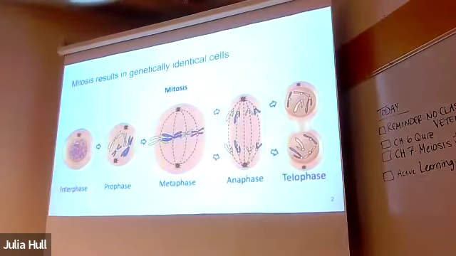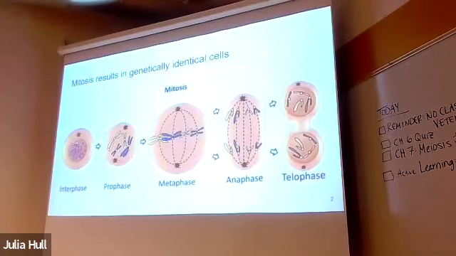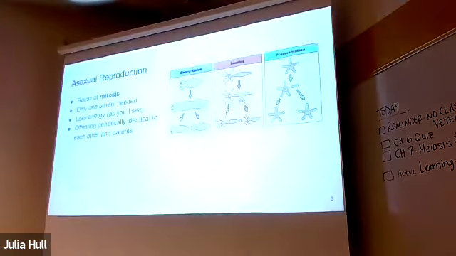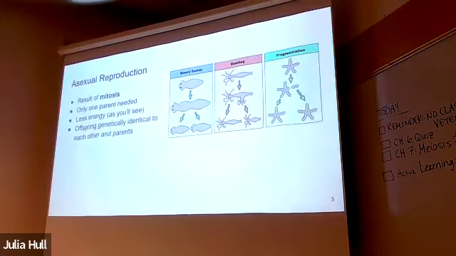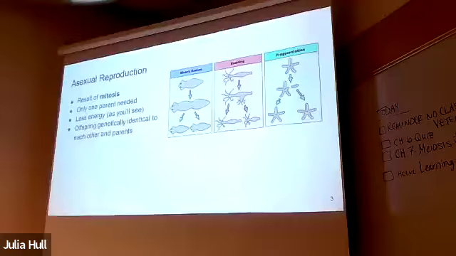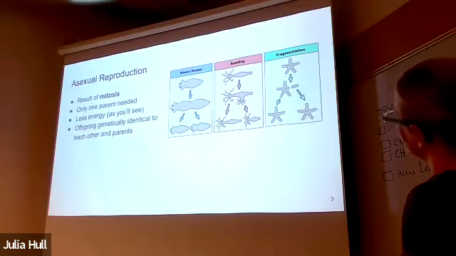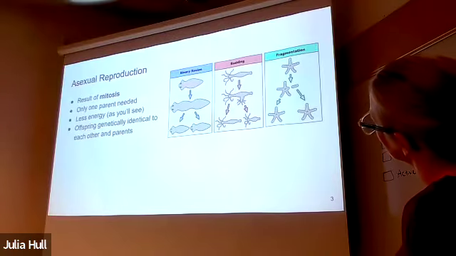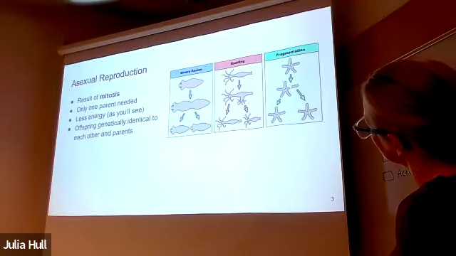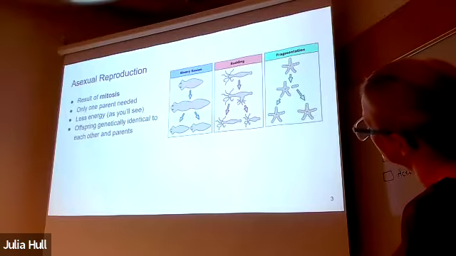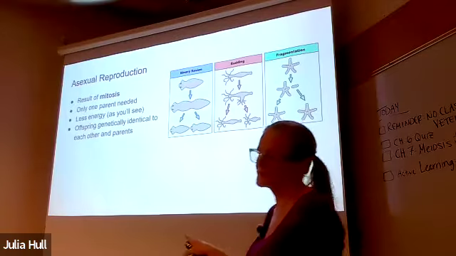Okay, so we already talked about how mitosis gives us genetically identical cells. This is how we do asexual reproduction. For asexual reproduction, you only need 1 parent. So you have these little flatworms, and they can do binary fission to just split themselves in half.